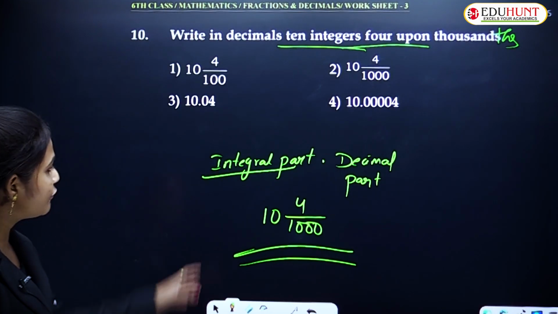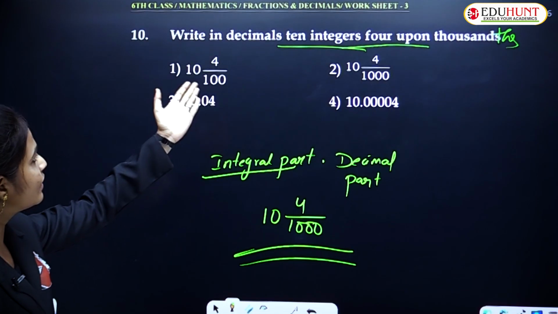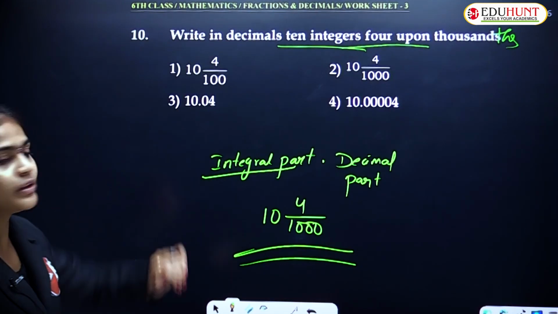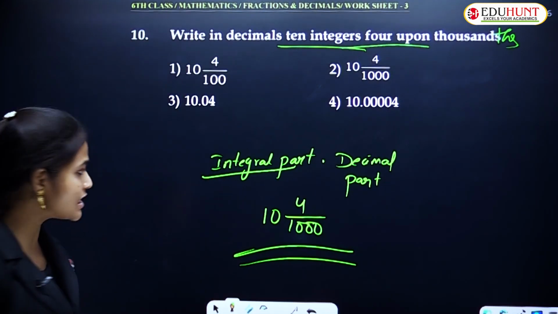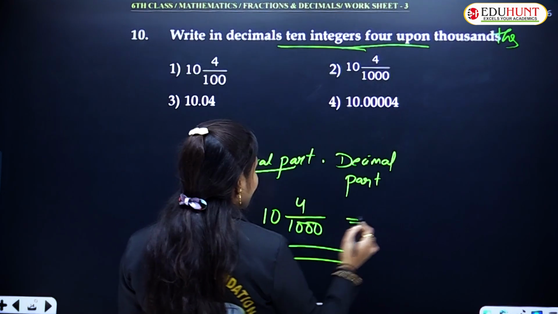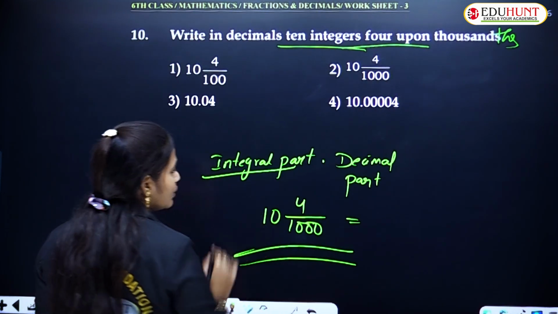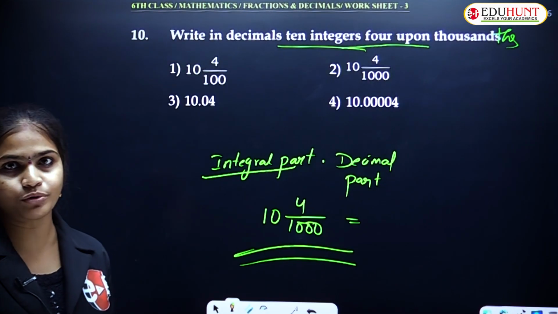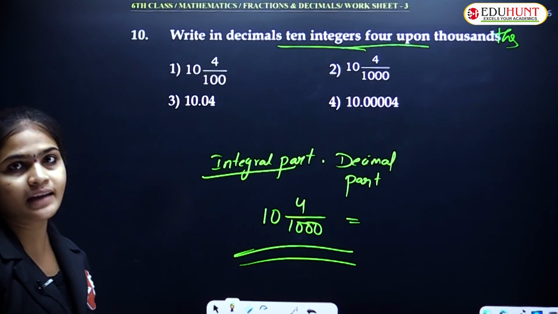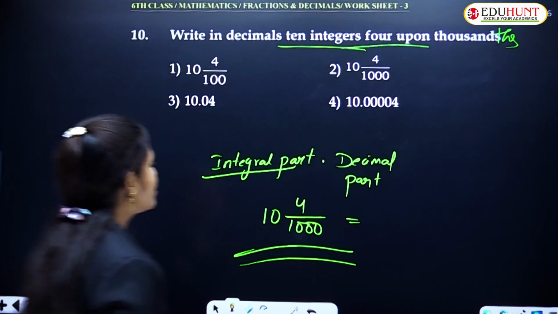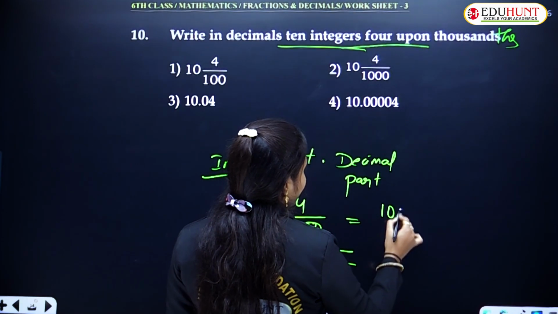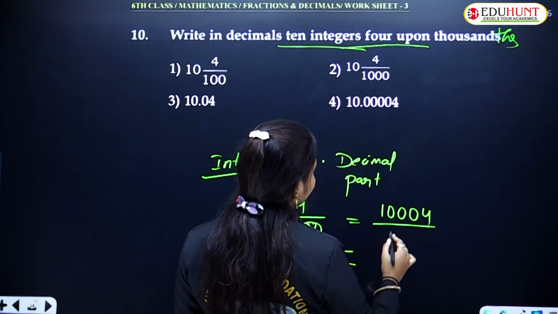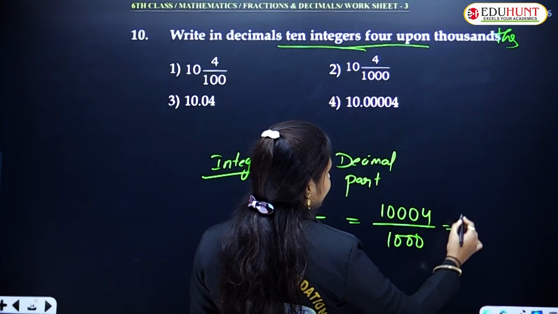If you simplify this, you will get 10 integers and 4 upon 1000. So 4 you will get in the thousands place only. Here we can write 1000 into 10, which is equal to 10,000. 10,000 plus 4 is equal to 10,004. So we get 10,004 by 1000. How much will you get?